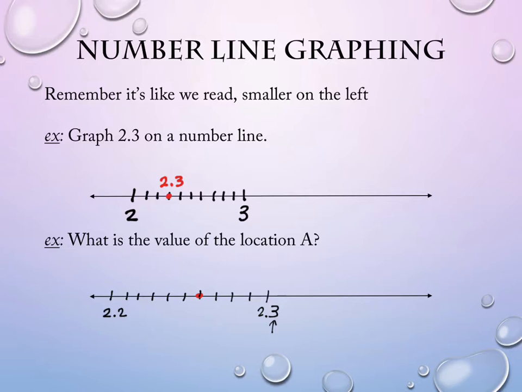All right, taking a look at the next one, I've kind of narrowed the focus a little bit further. It's wanting to know that red dot, where is it? And now I'm not between 2 and 3, I'm in between 2.2 and 2.3. So what's actually happened is instead of having 1 decimal point for that location, I'm going to need 2 decimal points. So if you think about each of my hash marks now, this one up here would be 2.21, right?